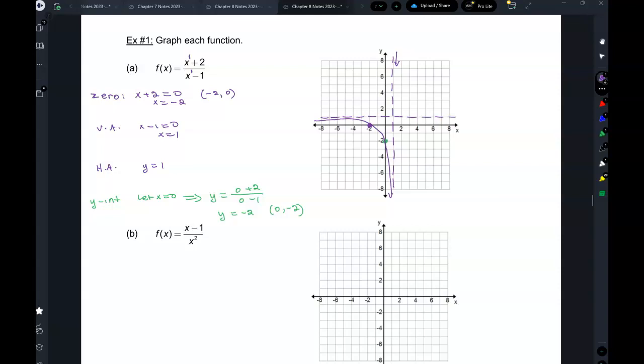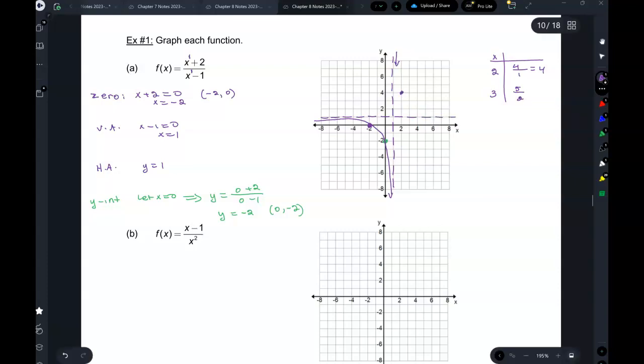So why don't we plug in a point there? Let's plug in x equals 2. So I get 4 over 1, 4. All right? So it's going to look like that. And you can also plug in another point, 3. What do you get? 5 over 2? Right, which is 2.5.